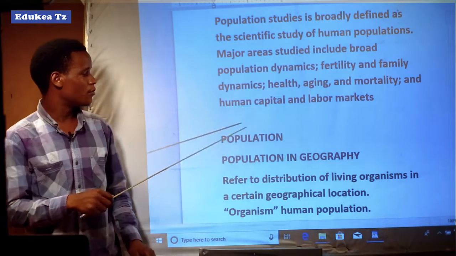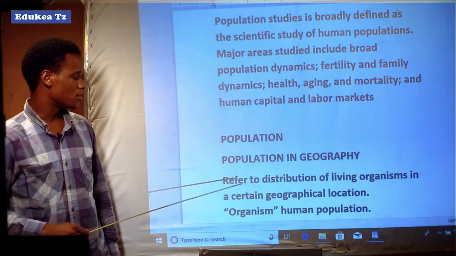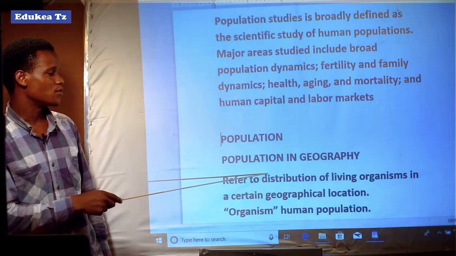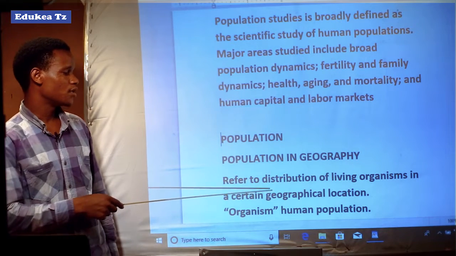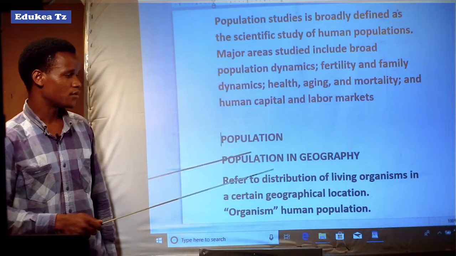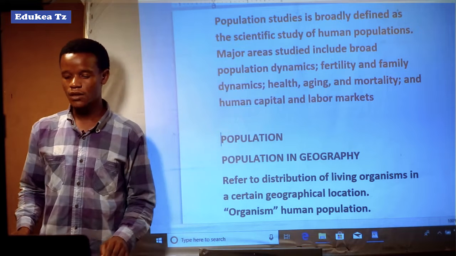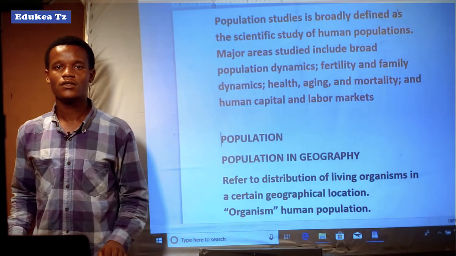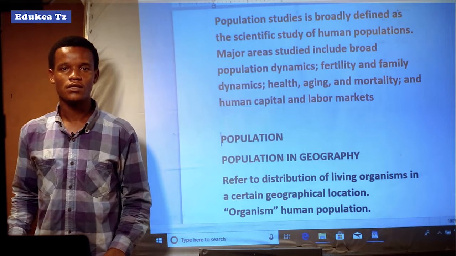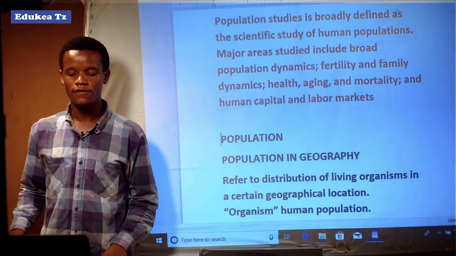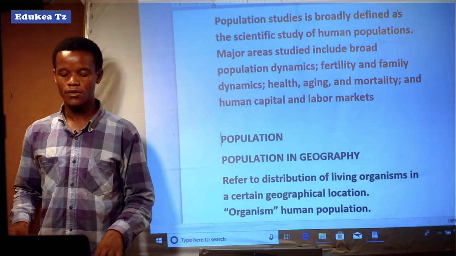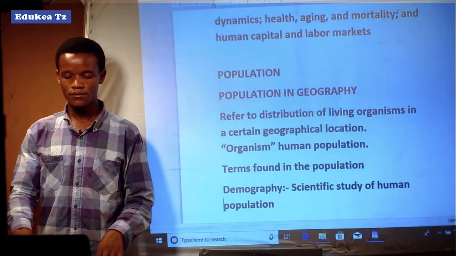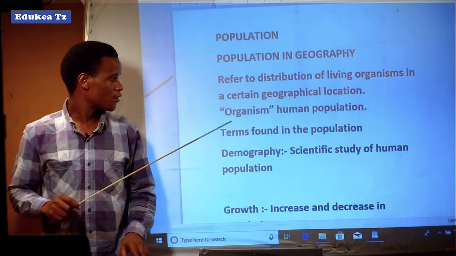Or also, population refers to the distribution of living organisms in a certain geographical location. When we talk about population, we mean we are dealing with all living organisms. All living organisms are those that are included in the population.